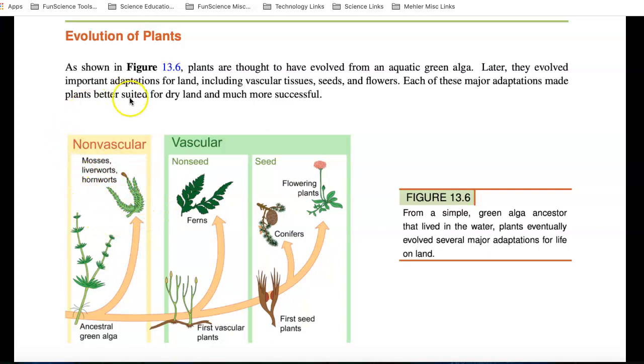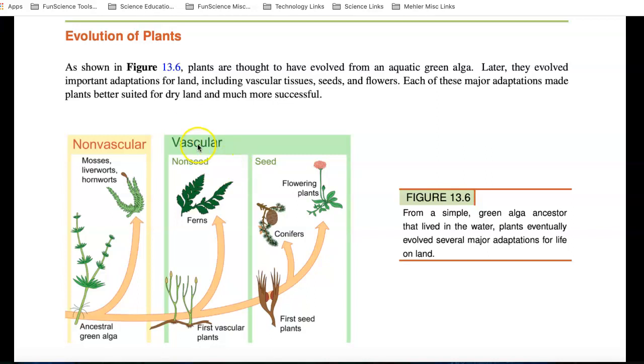So take a look at this. Non-vascular plants, simple mosses, think of mosses, basically evolved onto land from the ocean, but did so very early on. Then plants evolved into the first vascular plants. That means that they have tube systems running in them that carry materials up and down the plant.